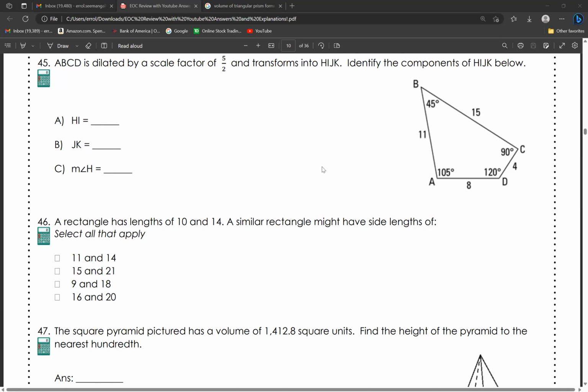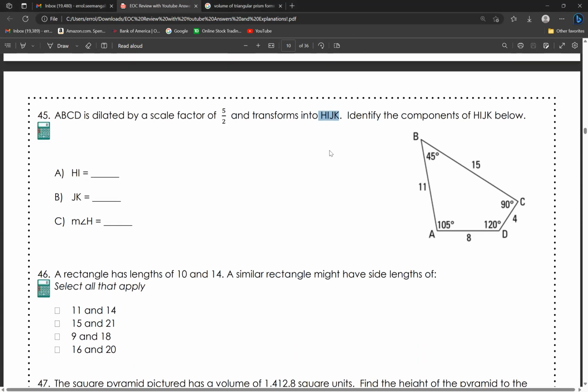Oh, ABCD is dilated by a scale factor of 2.5. You know what dilated means? That's just multiplication, right? It basically means expanded, expanded by a factor of 2.5. And it forms the new one, HIJK. So after you expand it 2.5, the bigger one is the HIJK.